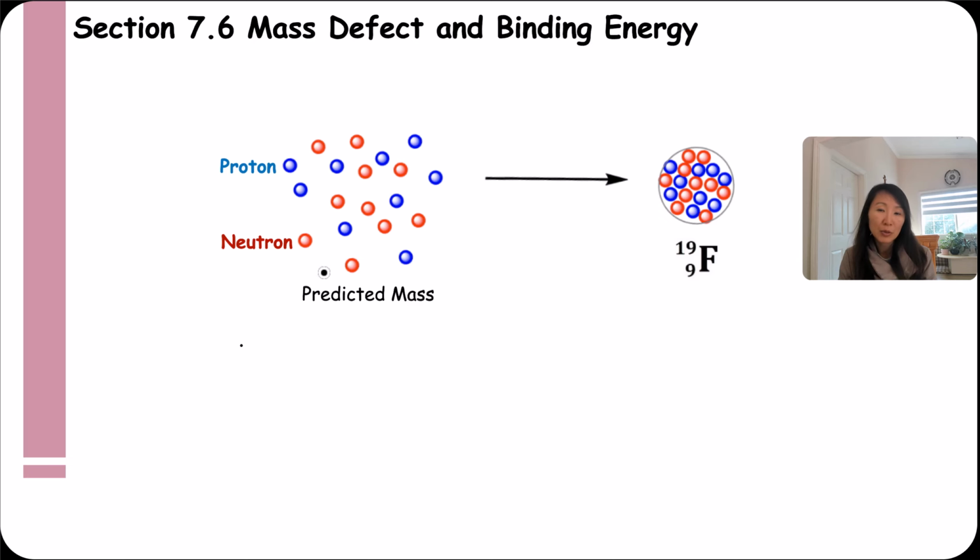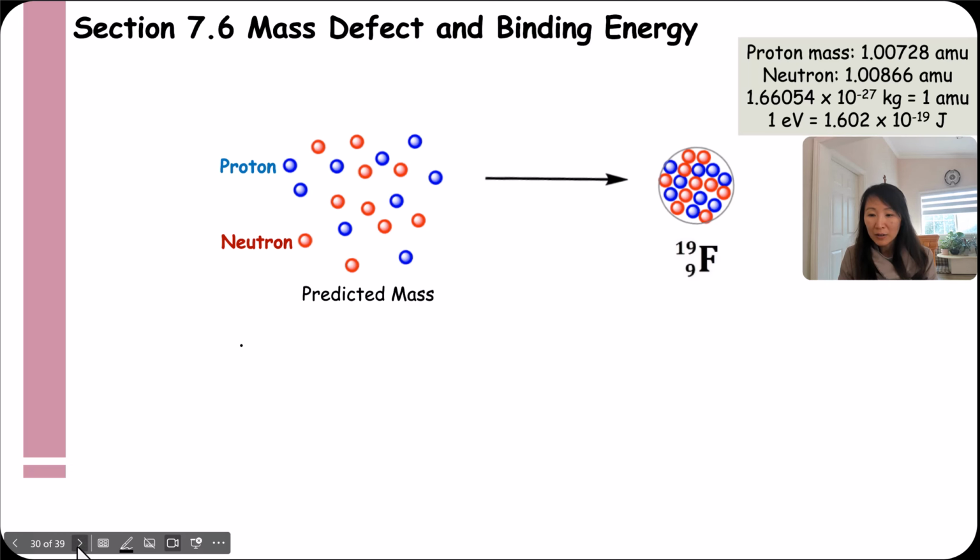So they have this predicted mass in which if we were to combine all of them together, they'll carry certain weight. In order to calculate the predicted mass, we'll need to utilize some values, and I have those values on the right here. Each proton mass is 1.00728 AMU.